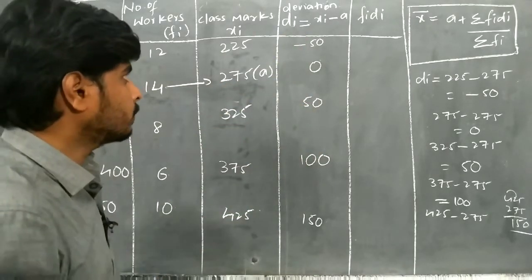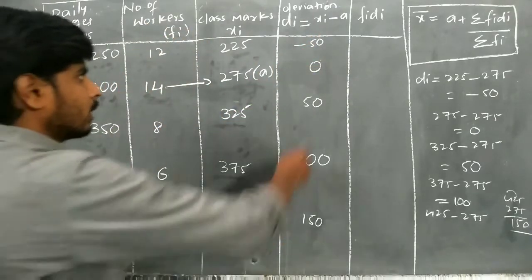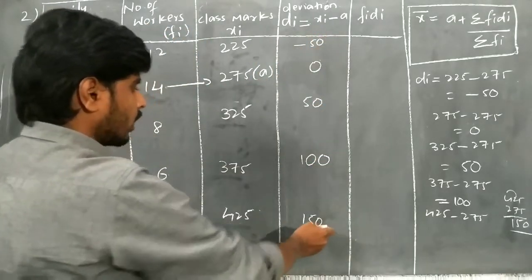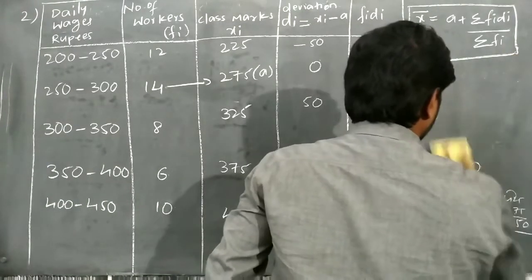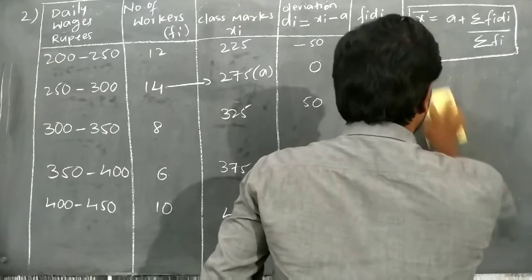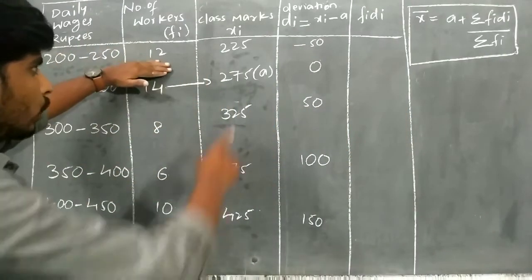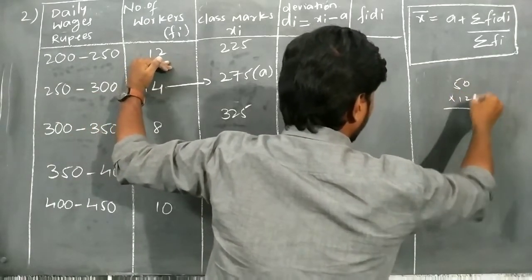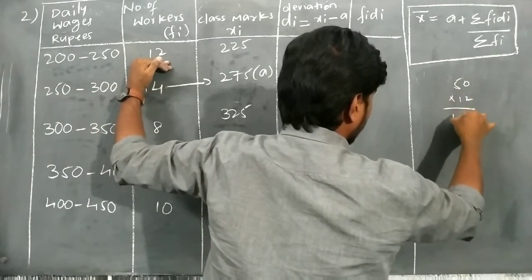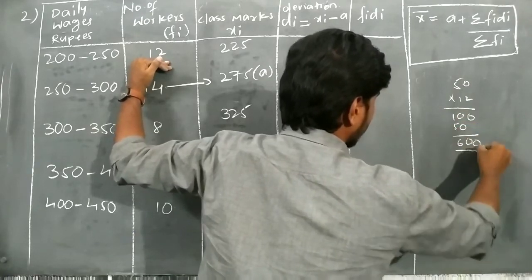Now what we have to do? We have to multiply the frequencies and these deviations, okay, right. So look carefully. Now 12 into minus 50. 50 into 12: 2 fives are 10, and the 0 as it is, so 600, okay.